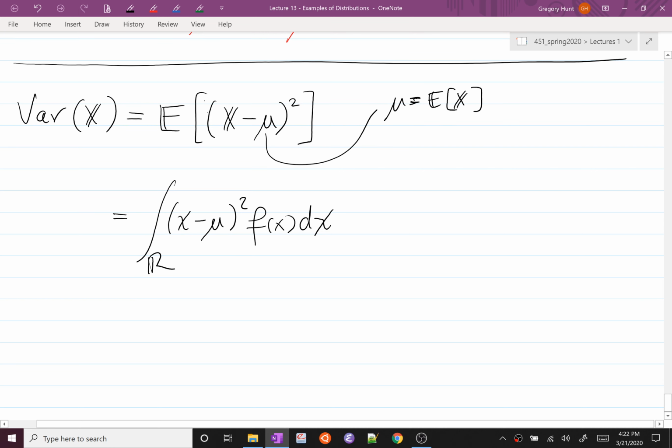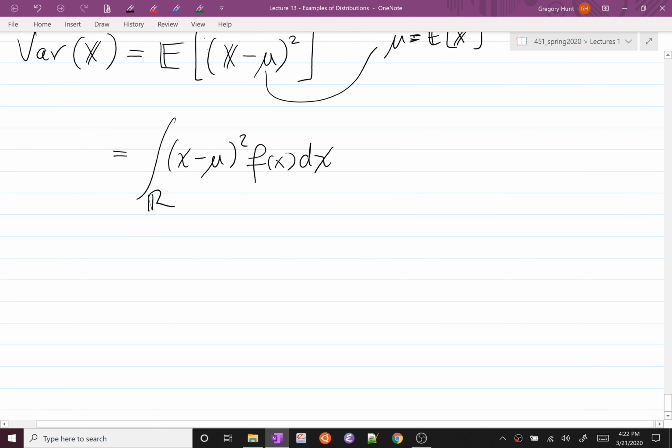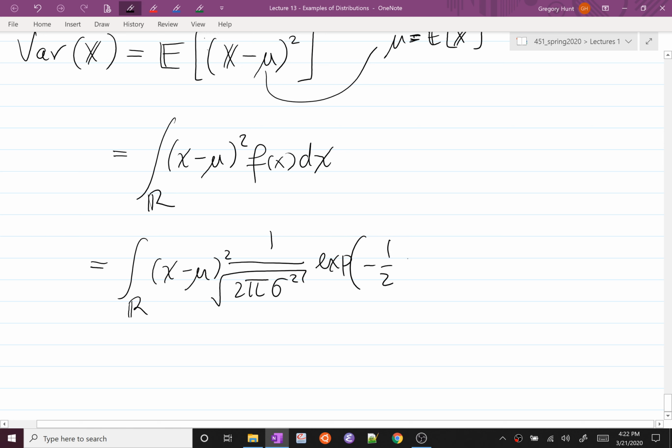When we do that, we can plug in our formula for the PDF of a normal random variable. So this is the integral of (x minus mu) squared, and our PDF has this form, 1 over the square root of 2 pi sigma squared, exponential of negative 1 over 2 sigma squared, (x minus mu) squared, dx.